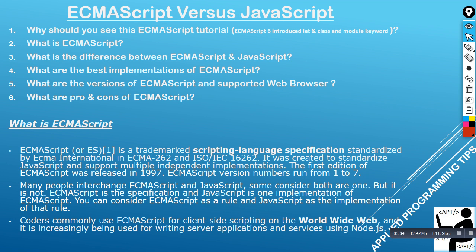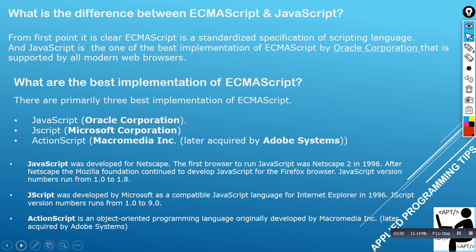So I will move to the next question. What is the difference between ECMAScript and JavaScript? I think it has been clear what the differences are. As I said earlier, ECMAScript is a rule and JavaScript is the implementation of that rule, right?